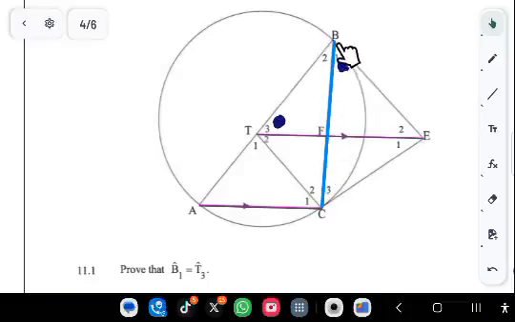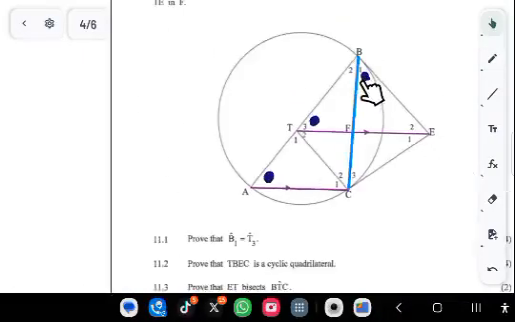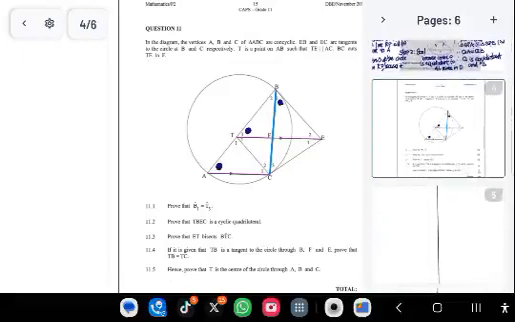The angle formed by the tangent and the chord, this angle B1, is equal to the angle subtended by the same chord BC in the alternate segment. Here is the minor segment and there is the major segment. The angle subtended by chord BC is A. So therefore B1 equals angle A. The reason is tan-chord theorem.